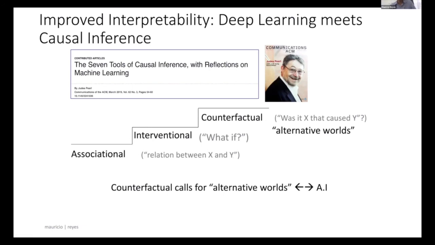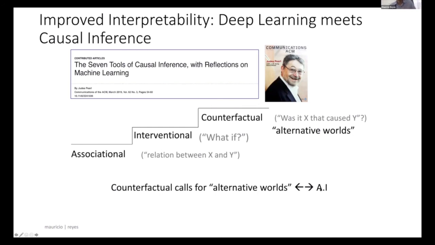We, as an AI community, should be moving towards a counterfactual status, going through an interventional status where we can pose questions like, what if this event would happen? Into questions like, was it X that caused Y? So that's causal inference.